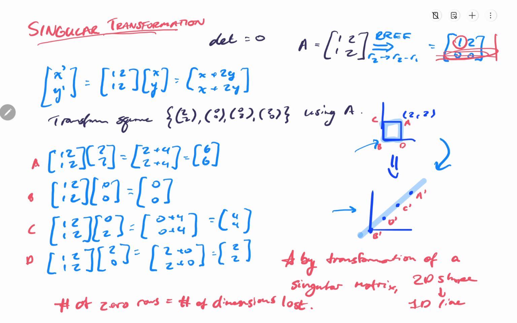So we obviously went from a 2D to a 1D. And as our determinant equals 0, the area of a line is obviously 0, because either your width or your length is 0, so when they multiply, you get 0.